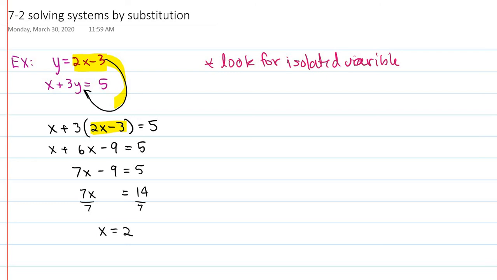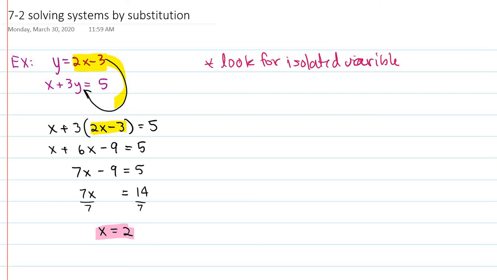Recall, though, that when you're solving a system of equations, your final answer is going to be a coordinate pair. So we currently only actually have half of the question solved. So I'm going to take this information here, and I'm going to substitute it back into one of my original equations in order to solve.